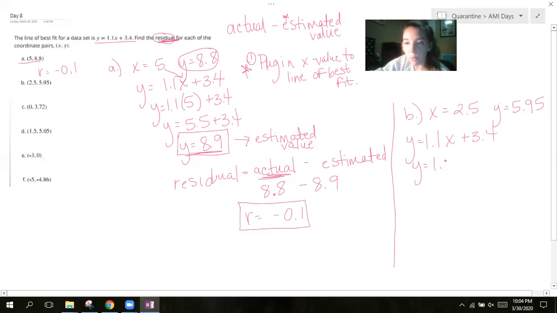So we have 1.1 times 2.5 plus 3.4. Okay, so y equals, we have 1.1 times 2.5, and that is going to give us 2.75 plus 3.4, which is going to give us 6.15, which again is our estimated.